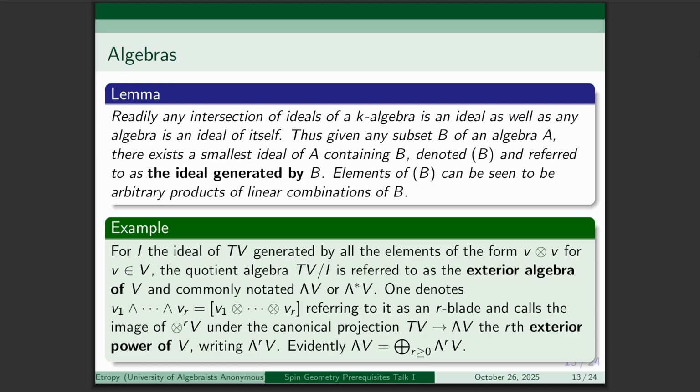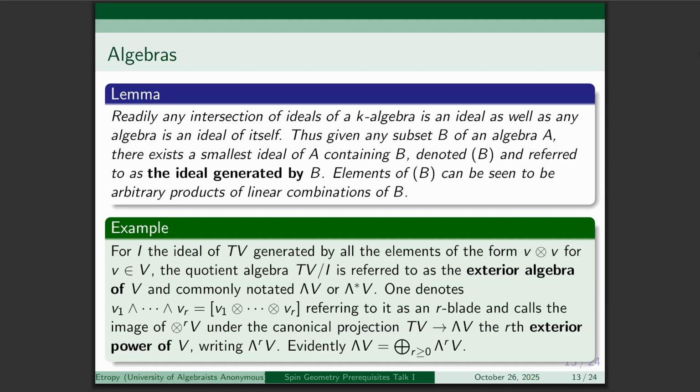A common example is the exterior algebra of a vector space. We start with the tensor algebra, and then we quotient out all the squares, all the elements of the form V tensor V of the tensor algebra. Of course, we have to generate the ideal.